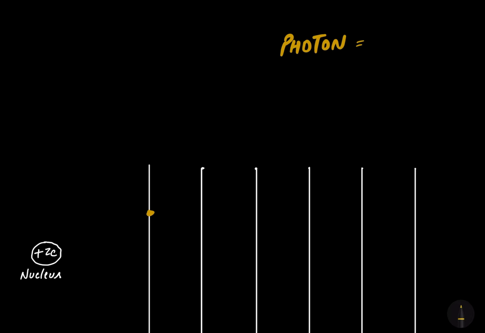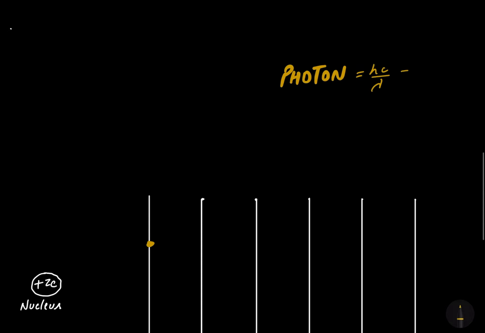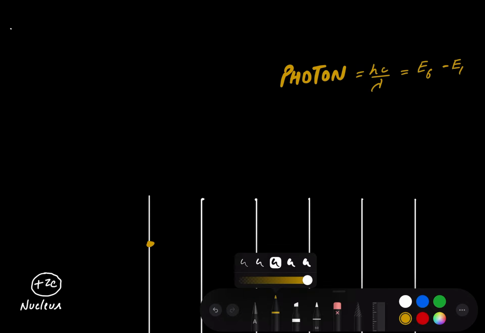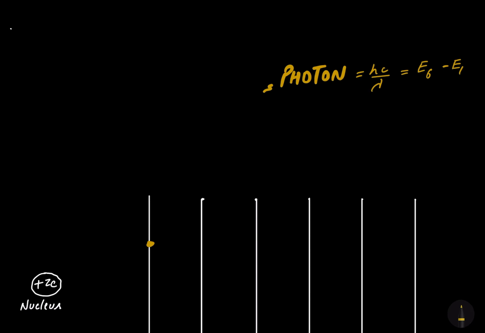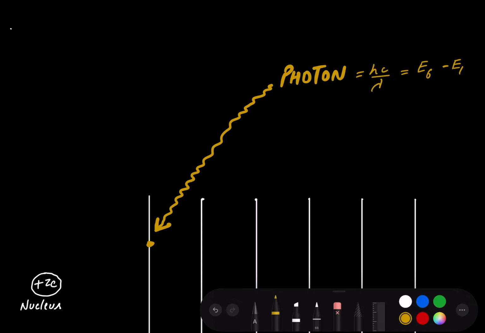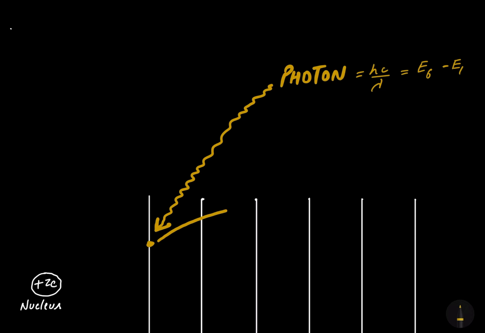The energy of photon is hc by lambda, and this value is equal to the energy of 6th orbit minus the energy of first orbit. So this photon with a very high energy is coming and will strike this electron, due to which this electron acquires that much amount of energy which is equal to the difference of the sixth orbit and the first orbit, so the electron will jump directly to the sixth orbit.